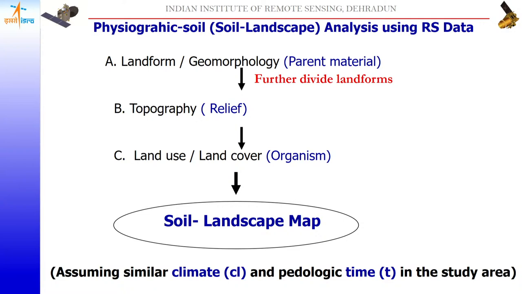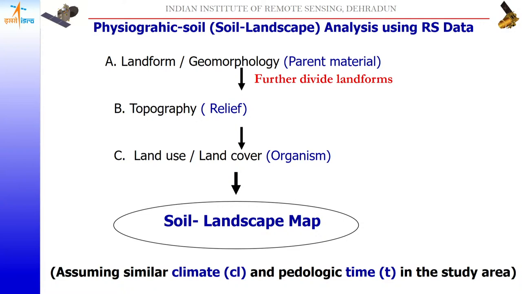And the foremost factor affecting soil variability is your parent material. So you prepare a parent material map first, or you can say a landform map or geomorphology map can also be prepared, which will represent parent material.